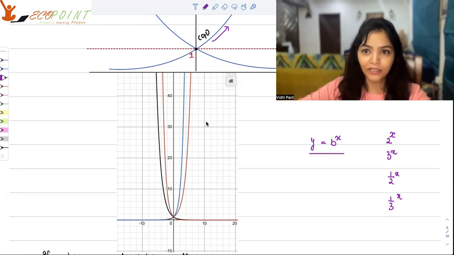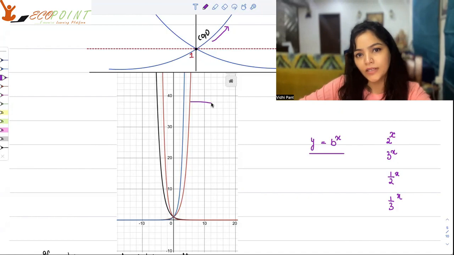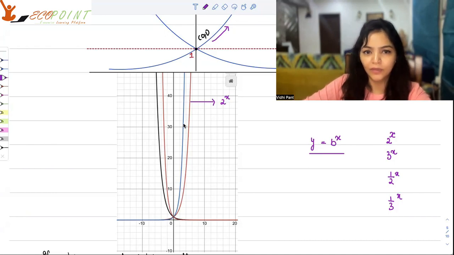So here I've taken up a sample. I generated these graphs. Can you see this red color graph that you can notice here? This is the 2 to the power x graph. This blue color graph that you notice here is the 3 to the power x graph. Can you see these are increasing graphs?